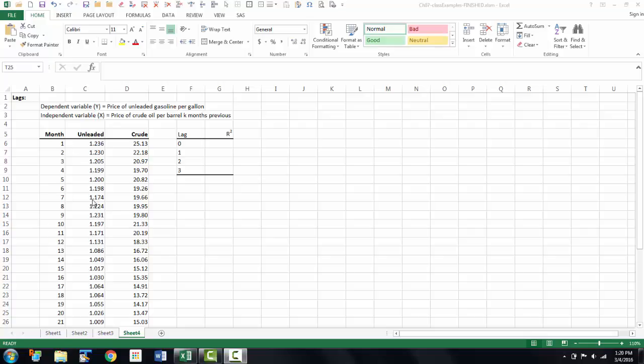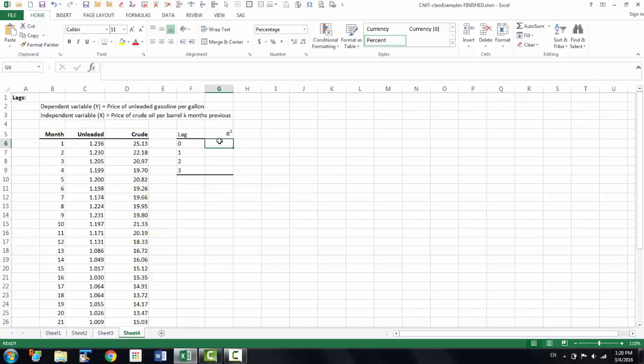So we have 24 months worth of data, and the price of gasoline and the crude oil are for the same month initially. So there is no lag at this point. If you think that the crude oil price will have an immediate impact without any lag at all, then you don't have to make any changes to the data.